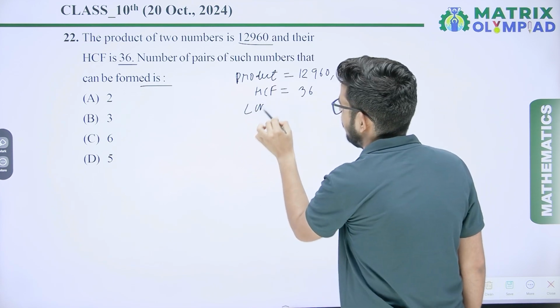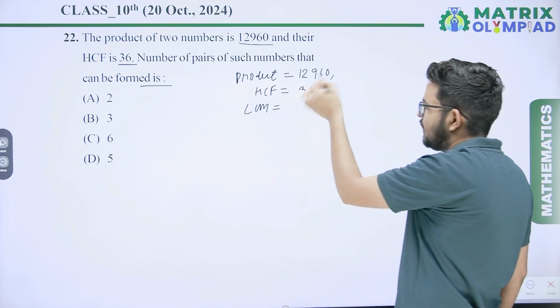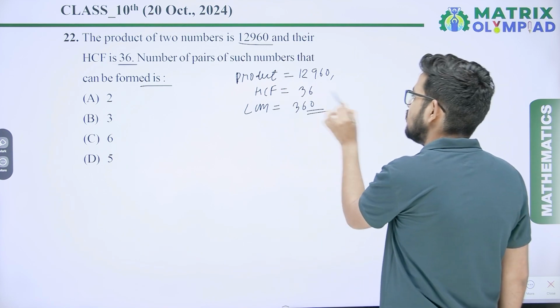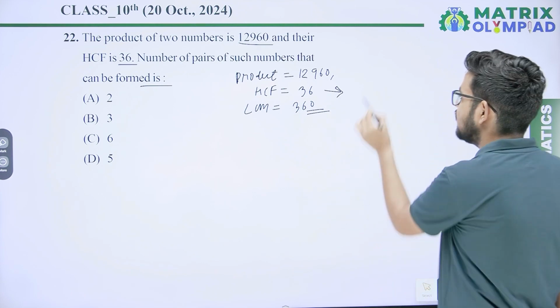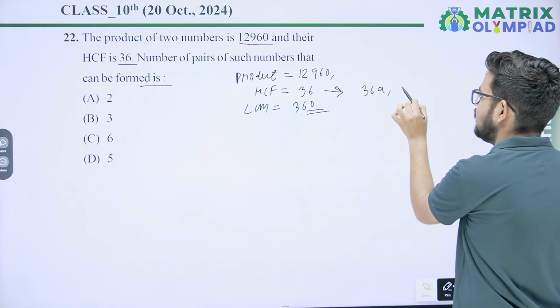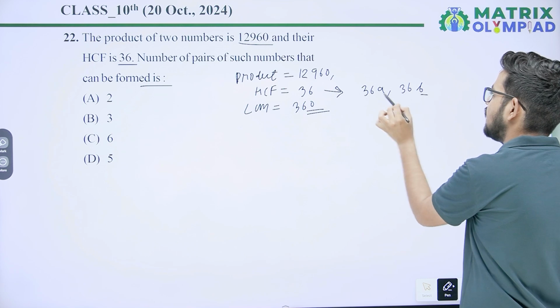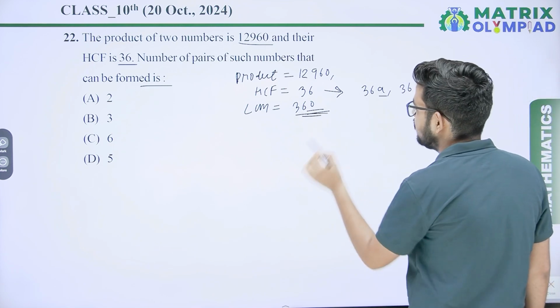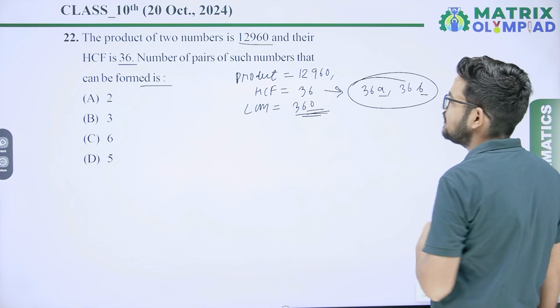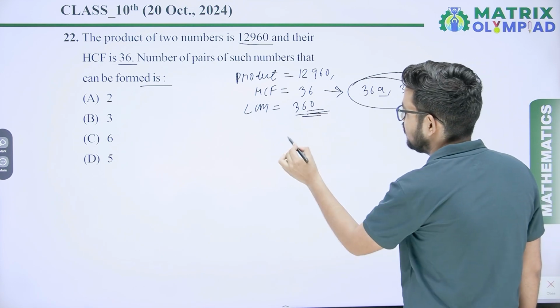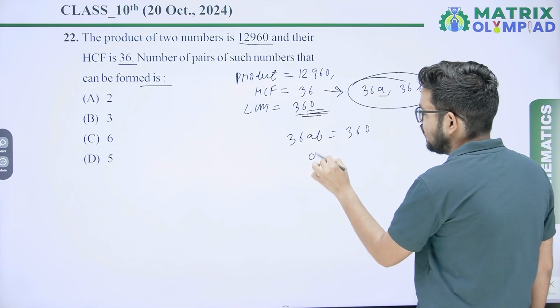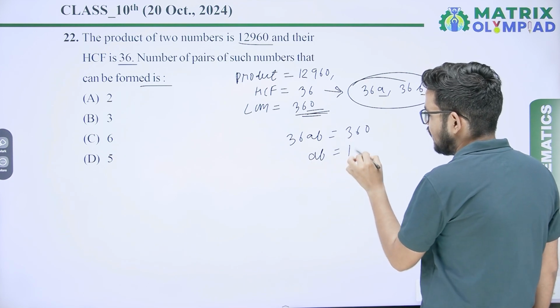And LCM will be 12,960 upon 36, that is 360. So HCF is 36, it means the numbers are, just assume, 36A and 36B, where A and B are any natural numbers. So LCM will be 360, it means LCM of 36A and 36B will be 36AB equal to 360. So A into B equals 10.